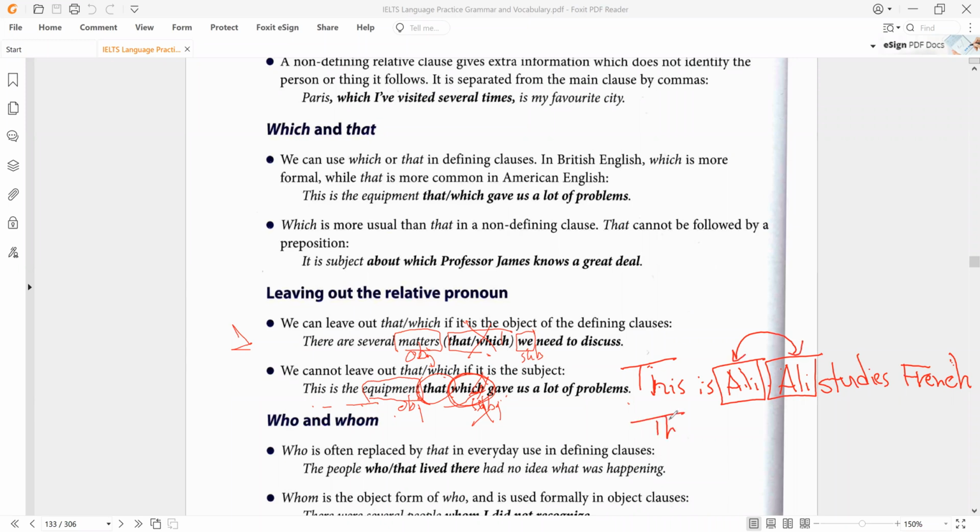This is Ali. حنحذف العلي هذه هنا وحنقول who studies French. فهنا I cannot delete who. لا نقدر نستعمل الزيرو هنا لأنه حولت كلمة علي هنا واستعاضت عنها بكلمة who. This is Ali who studies French.